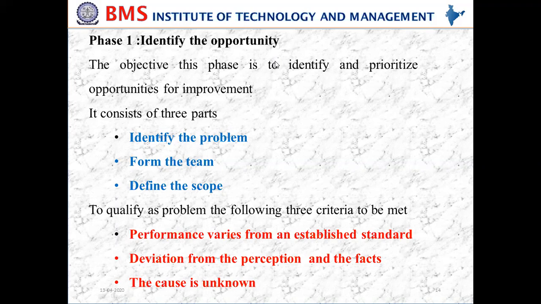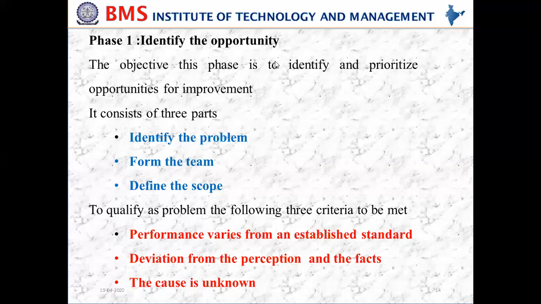It consists of three parts. First, identify the problem. Then form the team: once the problem is identified, you need a team to solve it. And define the scope, that is, define the objective.